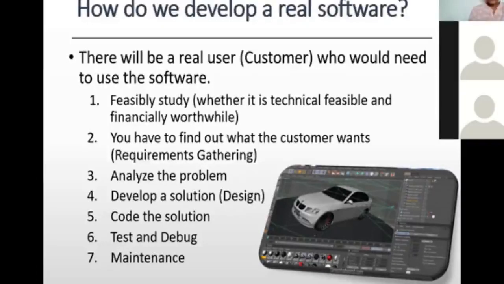Technically it is possible, financially it is valuable, and ethically, for example, social media like Facebook is banned in some countries. In China they ban Facebook. If we implement that kind of software for that kind of country, that is a waste.